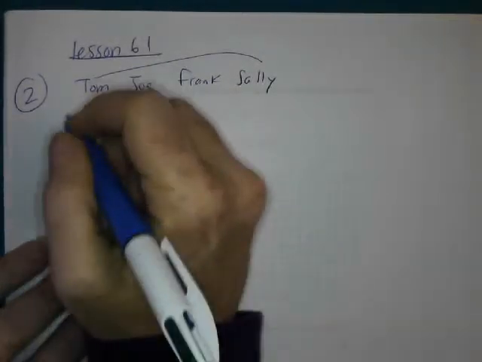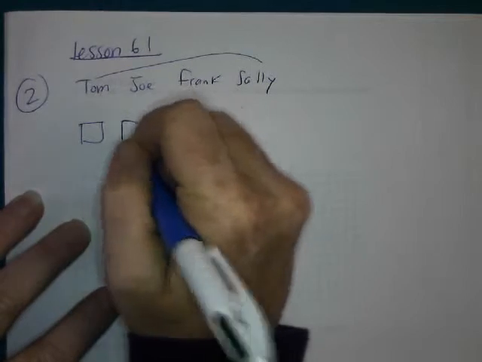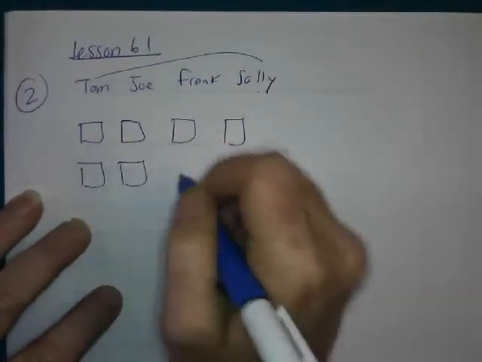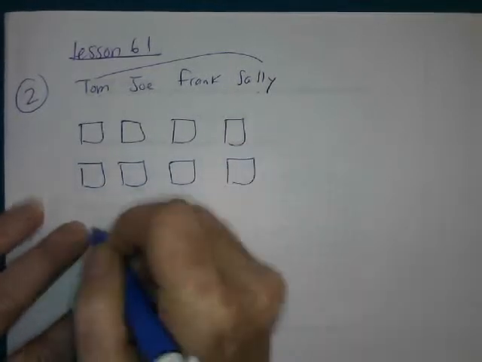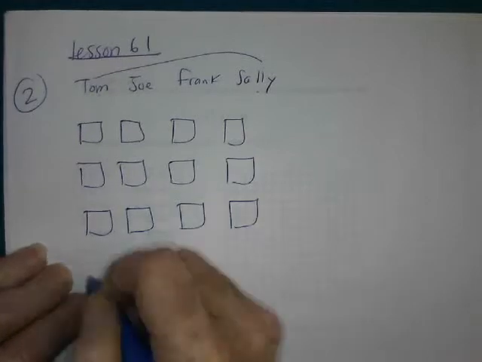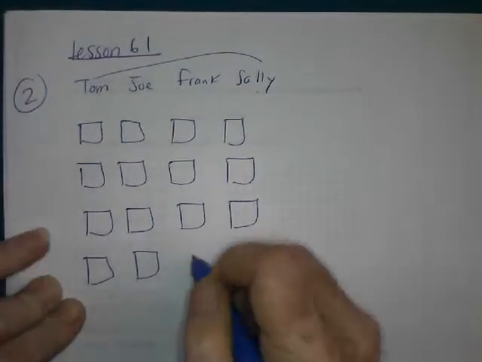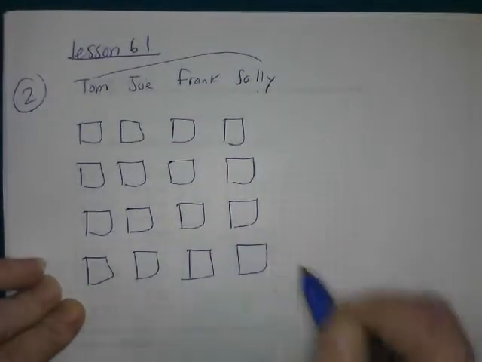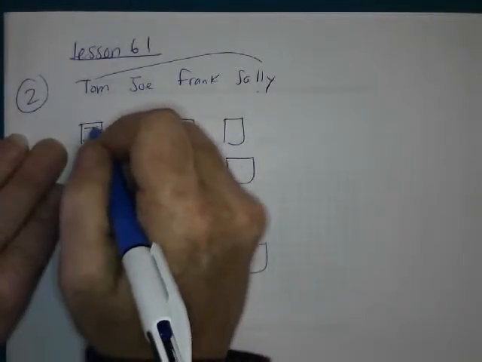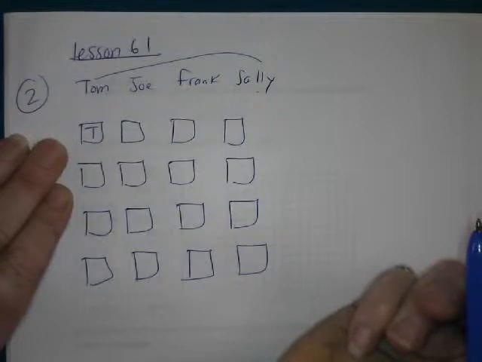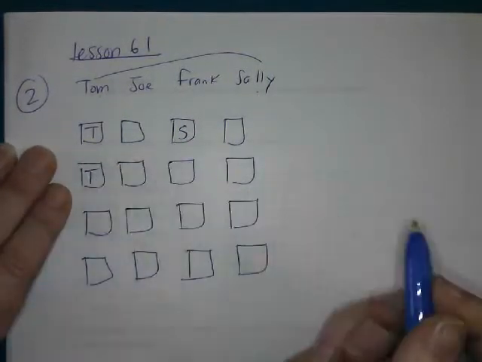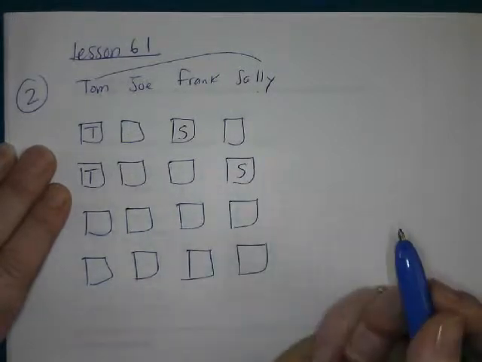So, I don't know how many of these I'll need. Okay, if Tom sits first, then Sally could sit here, or we could have Tom first and Sally could sit here.